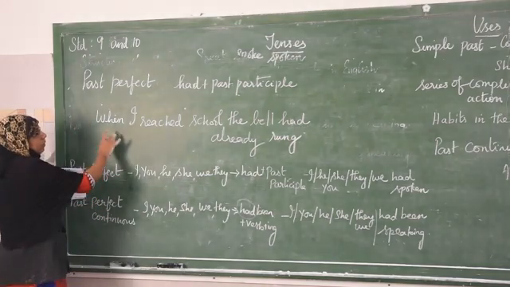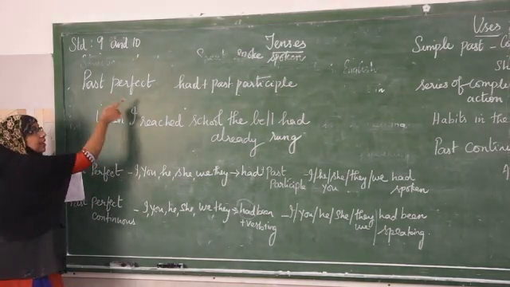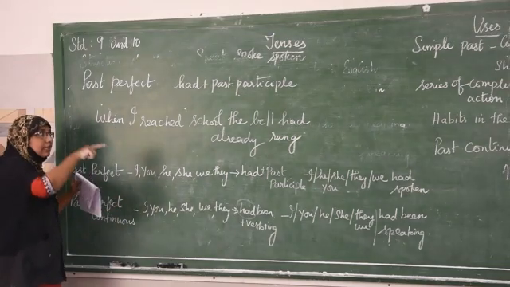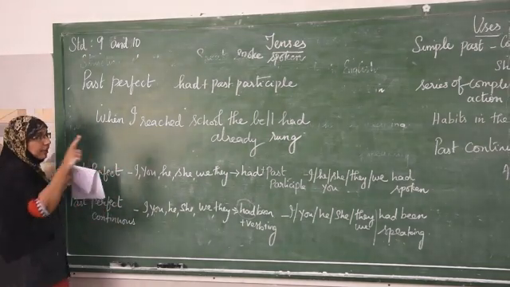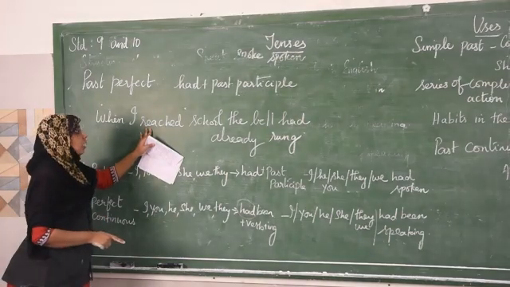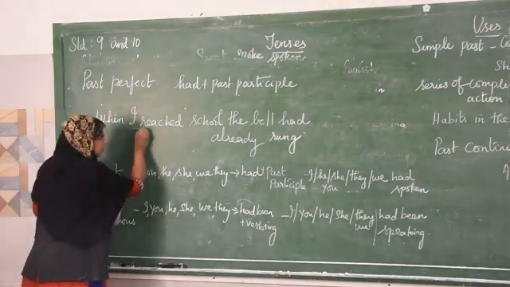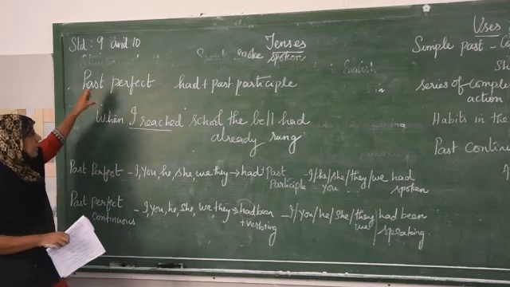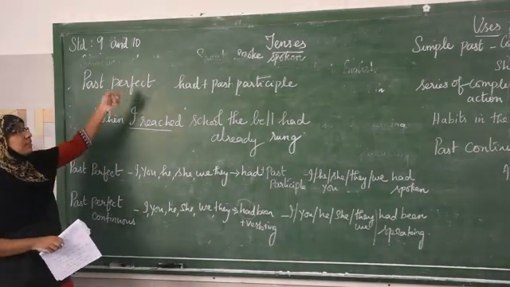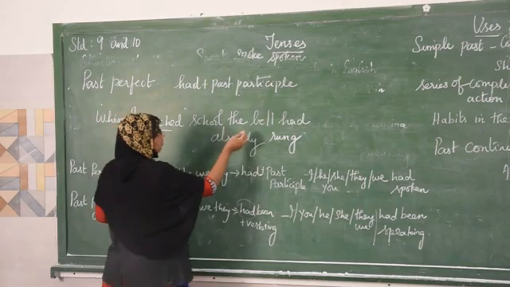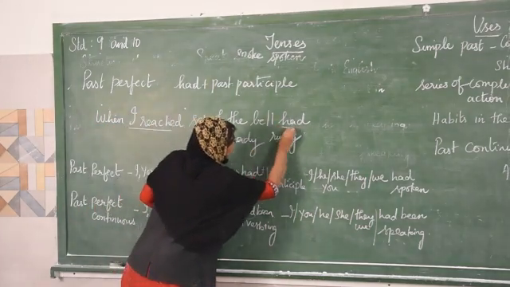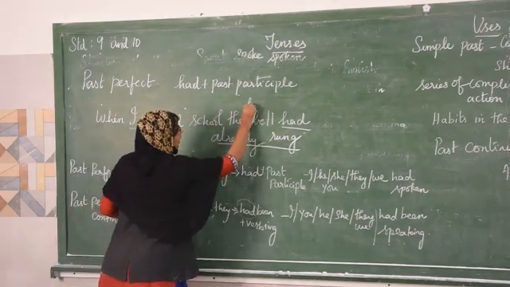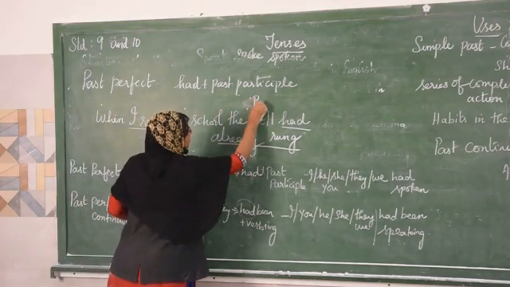Now, I told you that past perfect tense refers to an action which had taken place earlier in the past, before the second action took place. Now, which is the second action here? Here it refers to both the things that are happening in the past, but it refers to an action which has taken place earlier. So, which action takes place earlier here? Had already rung. So, here this is past perfect tense.